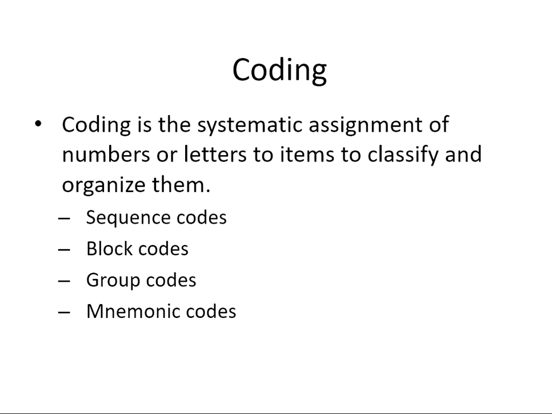And in mnemonic codes, both letters and numbers are used together to identify an item. An example is W300. It means a white product. W means white.